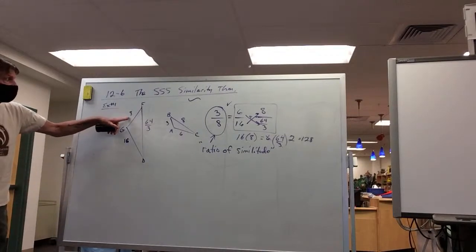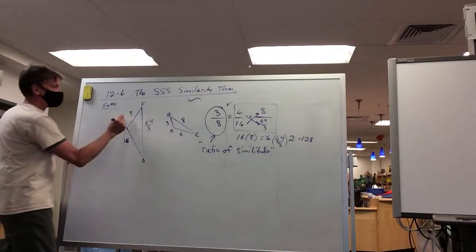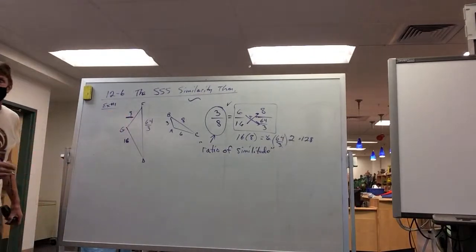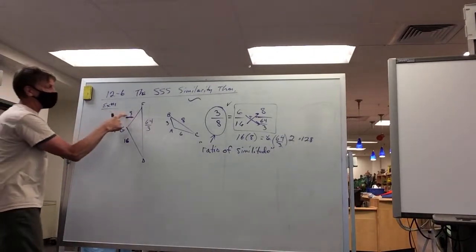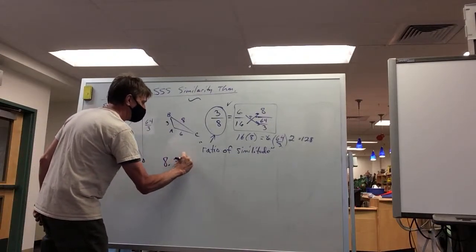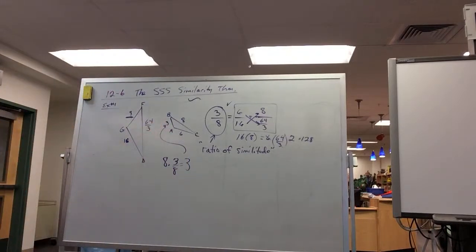So for example, if I wanted to know how long to make a triangle that was going to have a corresponding side to this side length of 8, we could take that 8, multiply it by the ratio of similitude, and we would get that corresponding side length. So assuming we didn't know it.